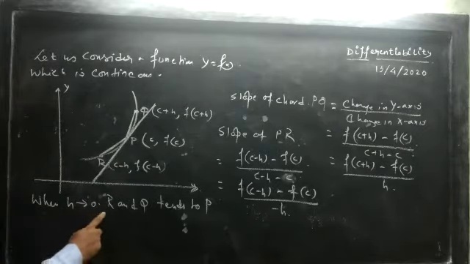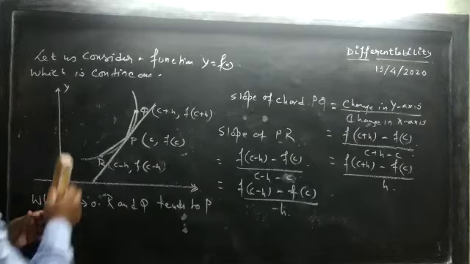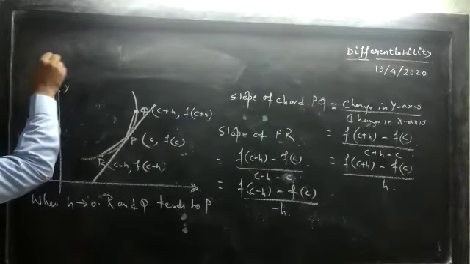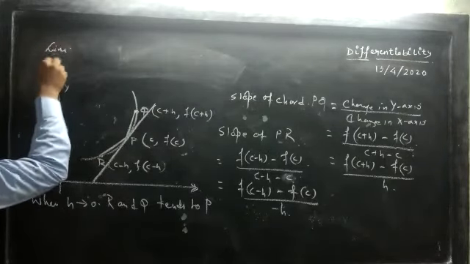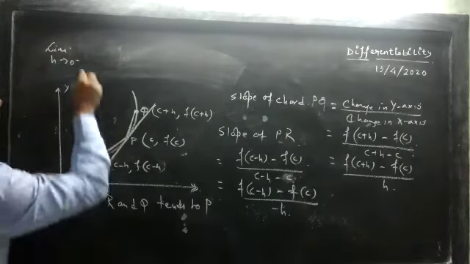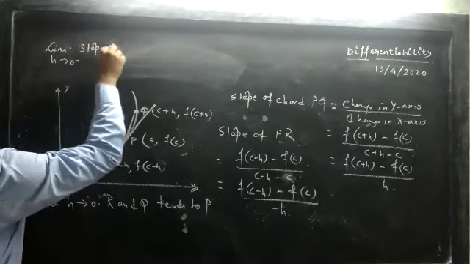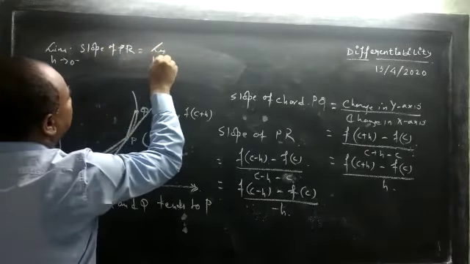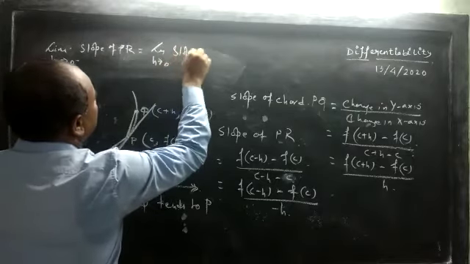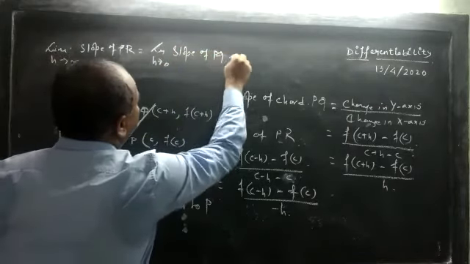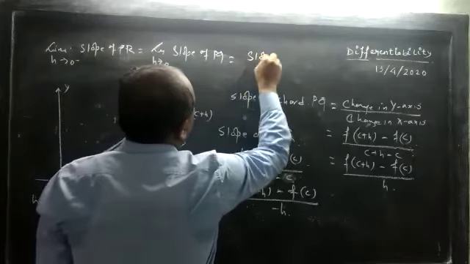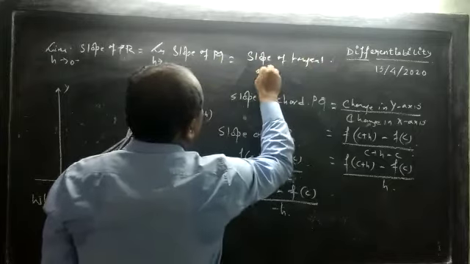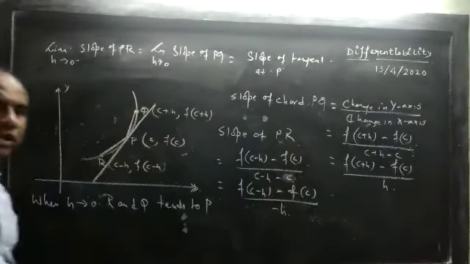When h tends to 0, R and Q tend to P. Limit h tends to 0 slope of PR is equal to limit h tends to 0 slope of PQ, which is equal to the slope of the tangent at P. Very, very important.